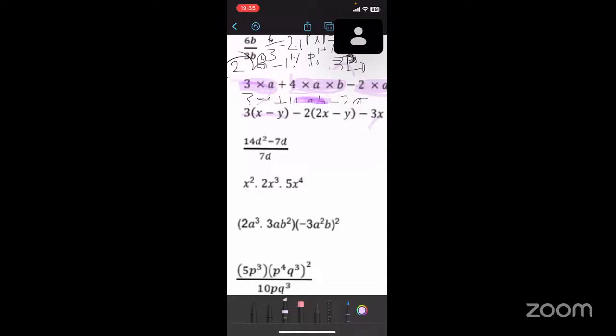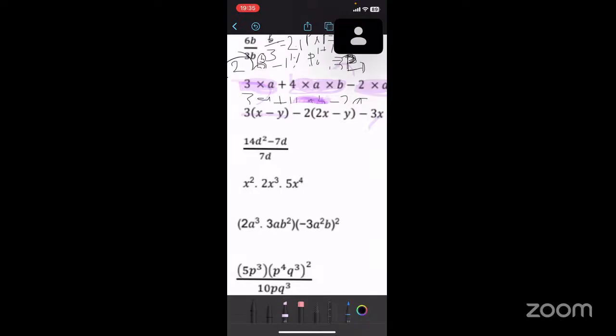Okay. So as I was saying, we're going to multiply whatever is outside the bracket, which is 3, with everything in the brackets, because what's in the brackets cannot be simplified. We multiply that 3 with the x and with the negative y.